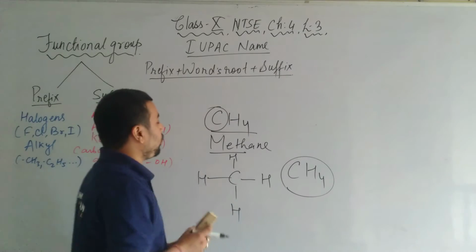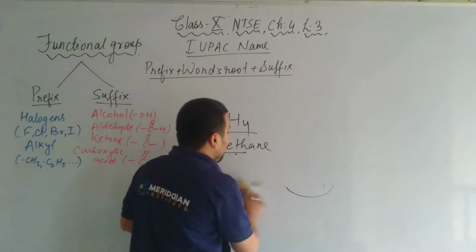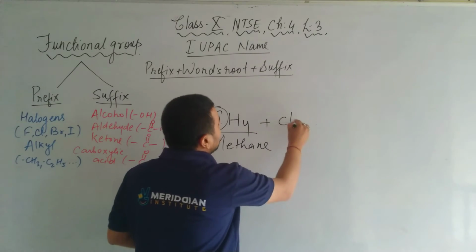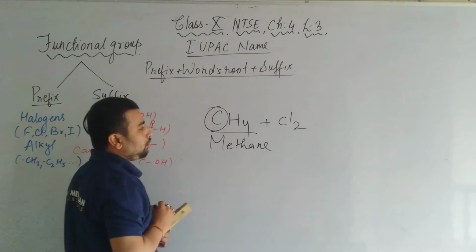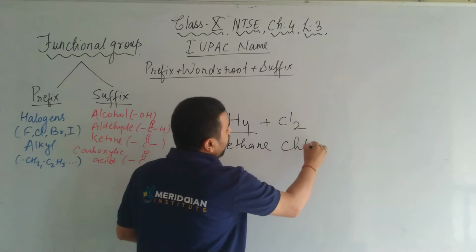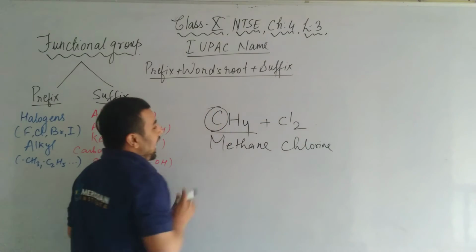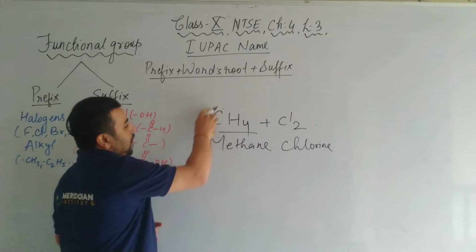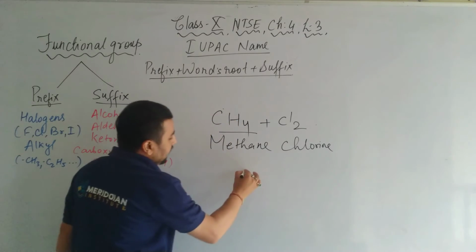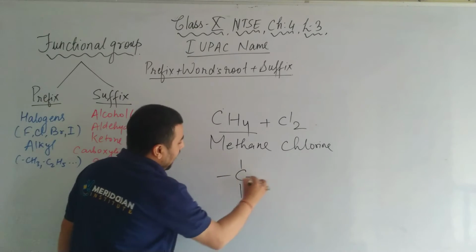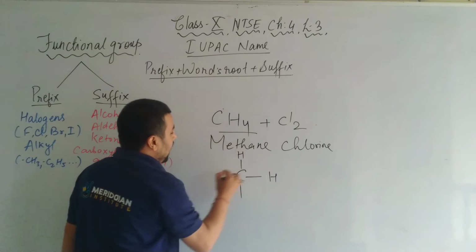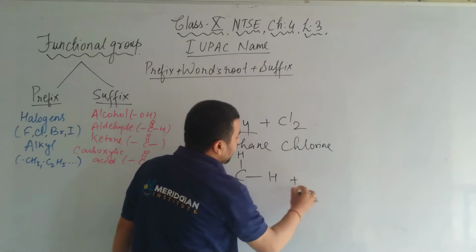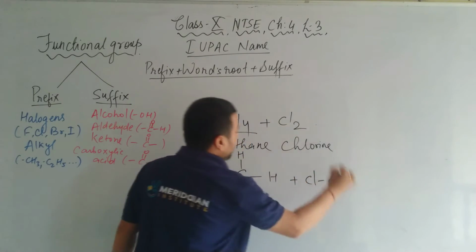Now when we add a chlorine atom to this CH4, what will happen, dear students? This is a chlorine molecule. When we add this Cl2 molecule to this CH4, what will happen? See, dear students, this is your methane CH4, hydrogen, hydrogen, hydrogen, hydrogen, and we are adding chlorine, Cl2.